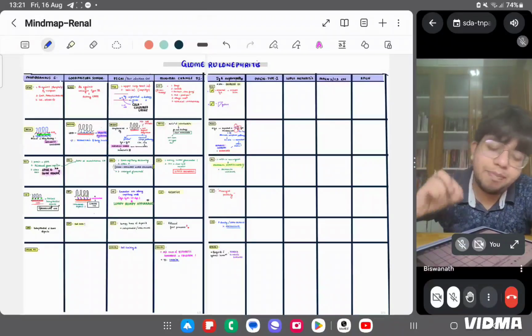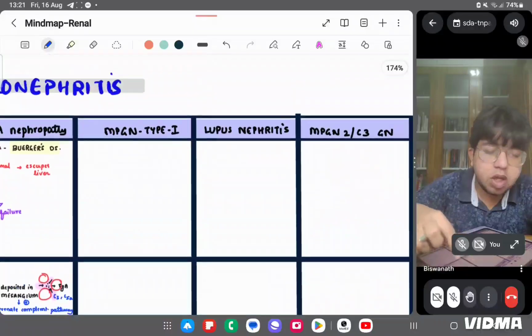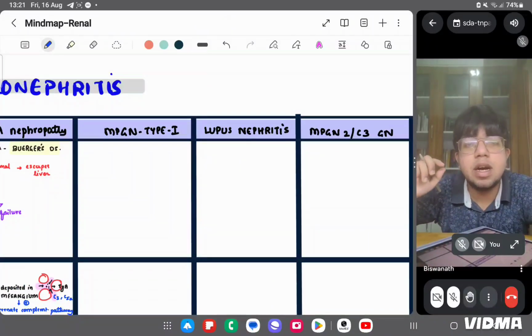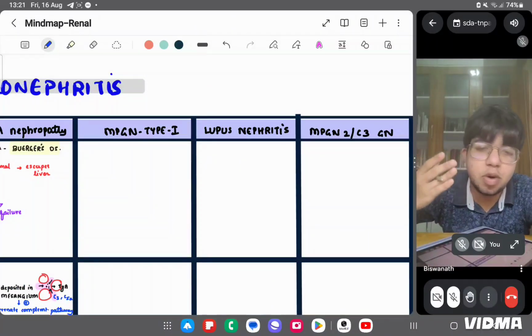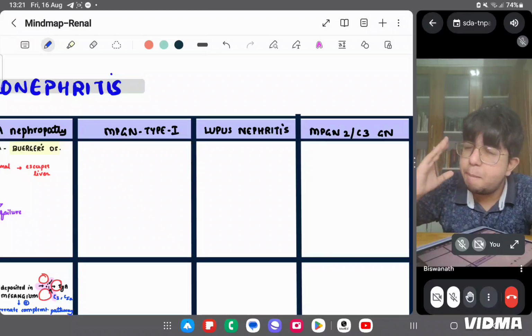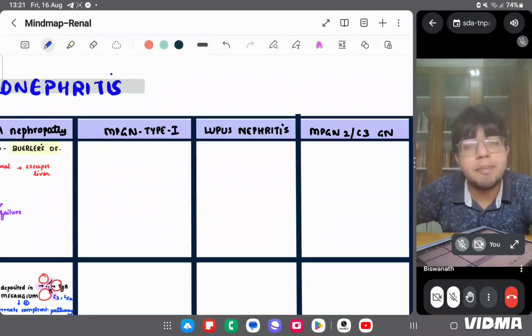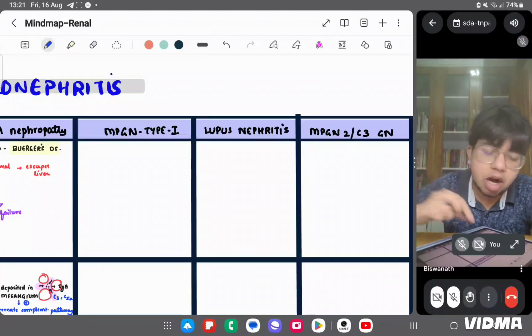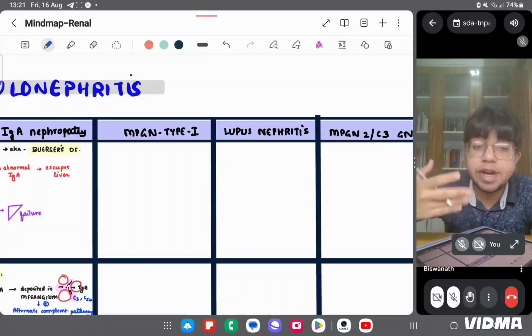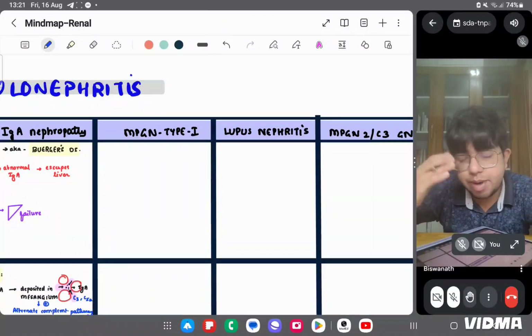Okay, so MPGN type 1. MPGN stands for, earlier it was called mesangiocapillary glomerulonephritis, but now it is called membranoproliferative glomerulonephritis.